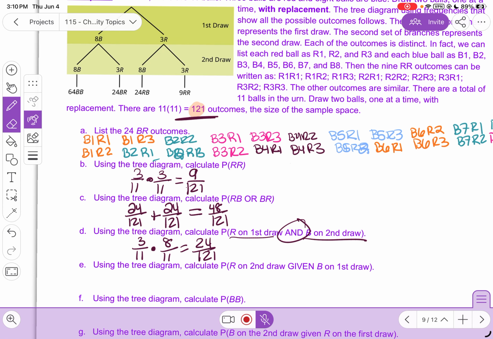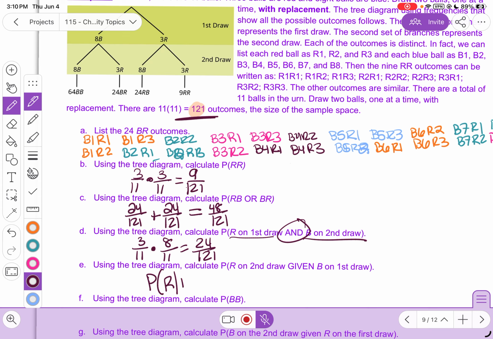So using the tree diagram, R on the second draw, given B on the first draw. So R, given B on the first draw. So R on the second draw, blank R, given B on the first draw.